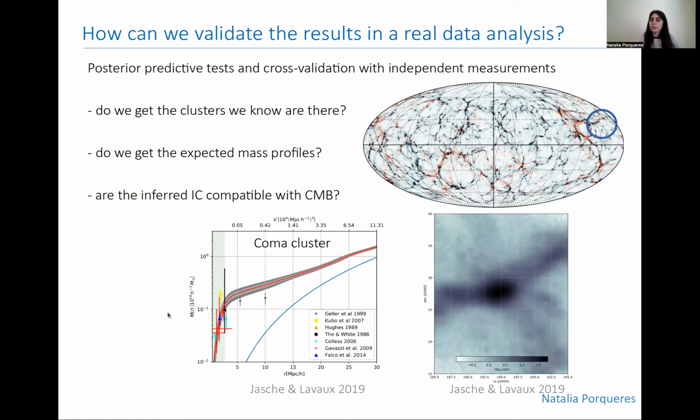We could, of course, do the same kind of test for the initial conditions and compare them to the CMB. So all these inferred maps are a powerful way to cross-validate and test whether the results that we are getting are consistent with independent observations.